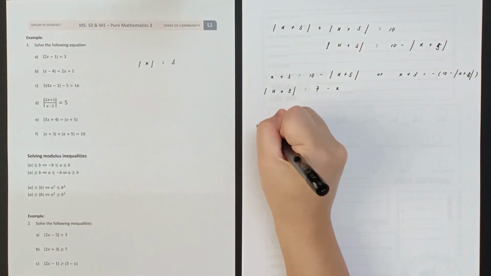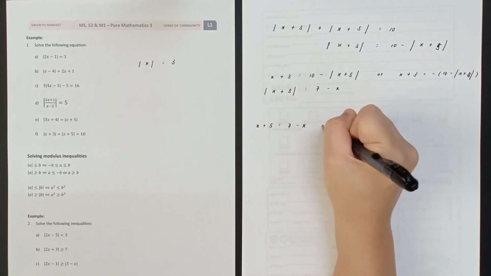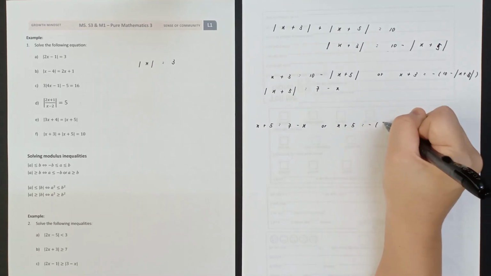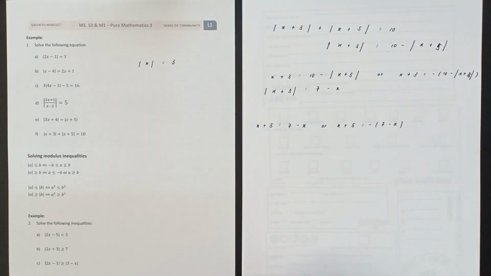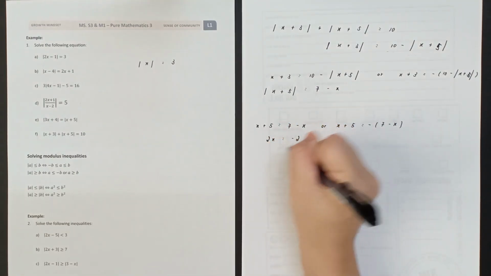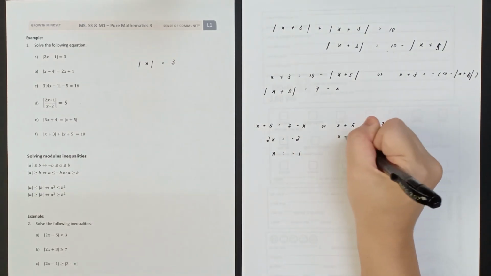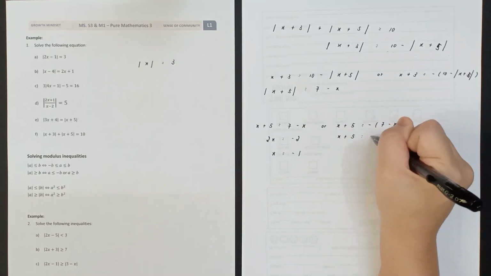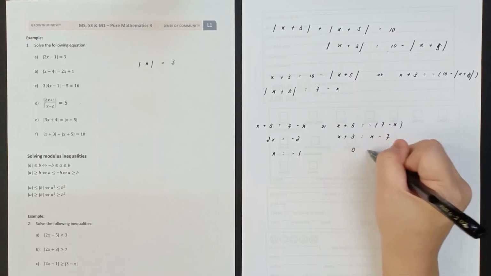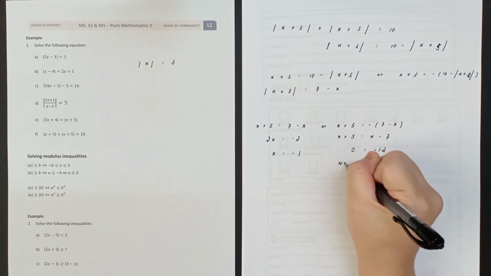So it will be x plus 5 equals 7 minus x, or x plus 5 equals negative of 7 minus x. Then I continue to solve. x equals 1, x equals negative 6. Then the other one, x plus 5 equals x minus 7. Then you can realize x minus x gives 0, so it equals negative 12. So you know that this is definitely wrong, so no solution.